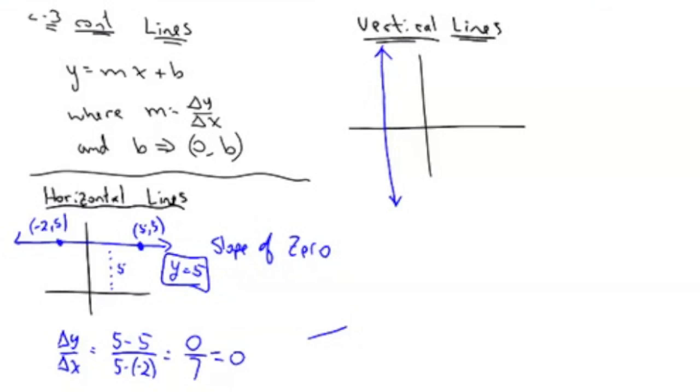Now the problem with vertical lines is that all graphs, at least rectangular coordinate system ones, you have to move from left to right. As I move left to right, I either have a positive slope or I have a negative slope. The problem with moving left to right on this graph is you have 2 choices. You either are going up or you're going down, but you can't do both. And since you don't know which way you're going, the slope on this one is undefined.